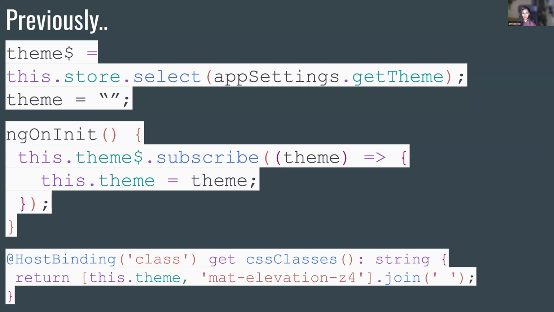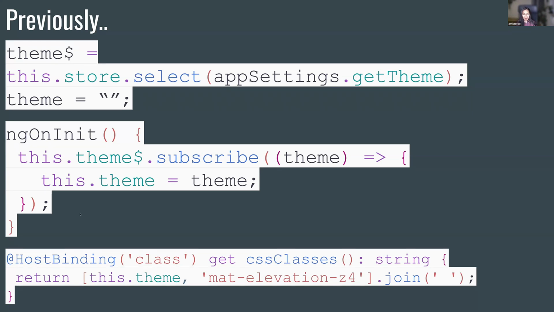You have to read through everything in the component: your variable declarations are in one place, your lifecycle hooks are in another place, and your host listener and host binding are in yet another place. By the time you're scrolling through the component, you're like, what is happening?